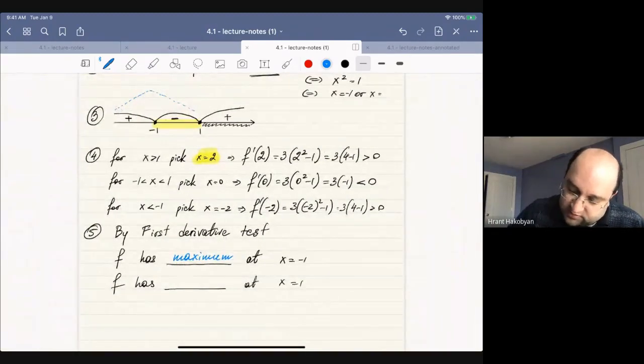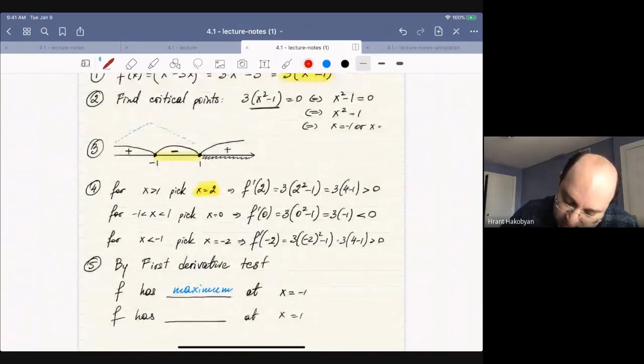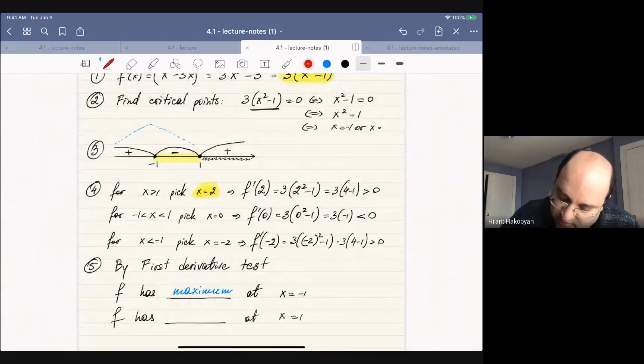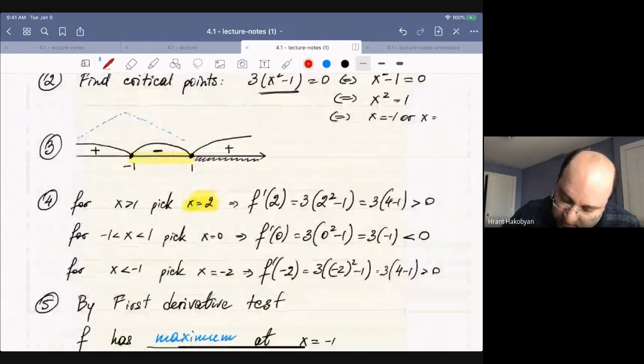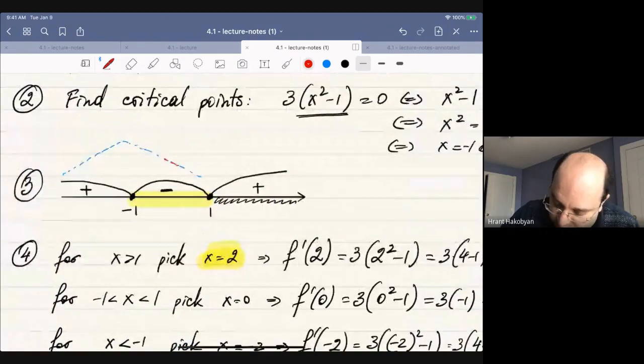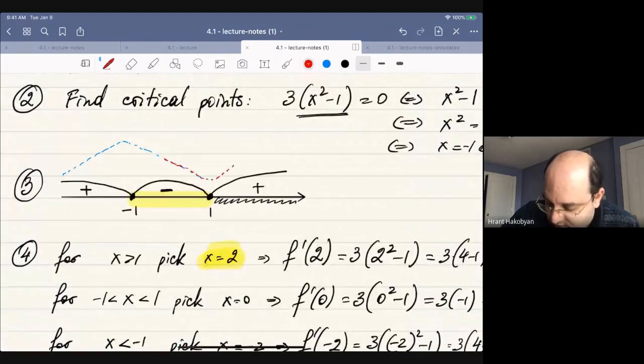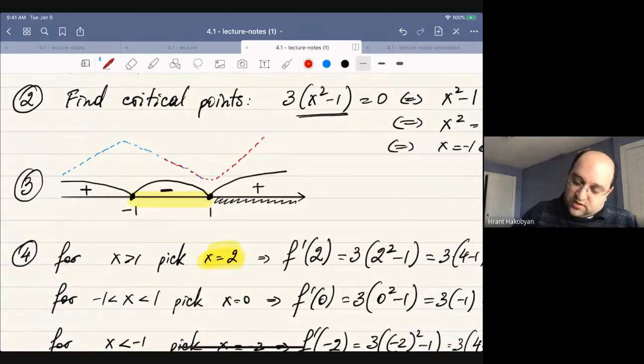And at x equals 1, I have a similar situation. Now it's going to be decreasing near 1, and then it's going to be increasing, right? So that means at that point here, I have a local minimum.